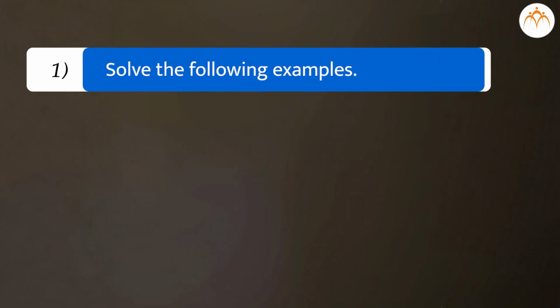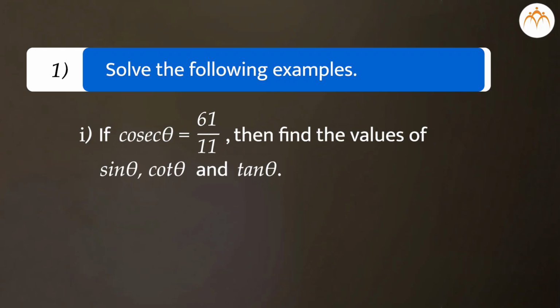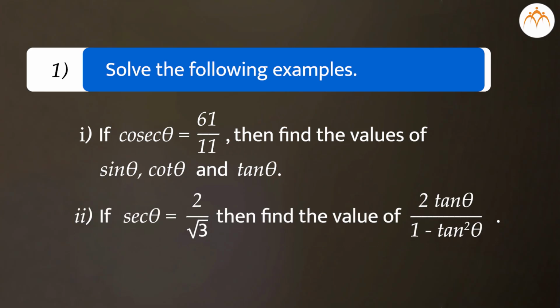Exercise: solve the following examples. If cosec theta is equal to 61 upon 11, then find the values of sin theta, cot theta and tan theta. If sec theta is equal to 2 upon square root of 3, then find the value of 2 tan theta upon 1 minus tan square theta.